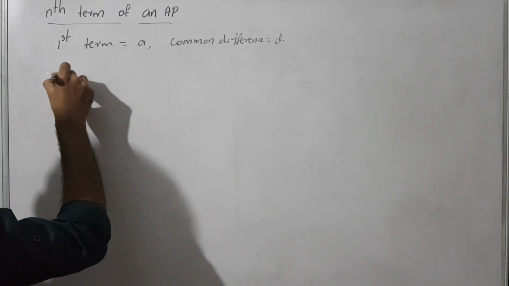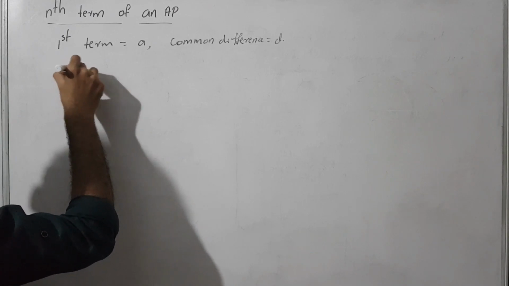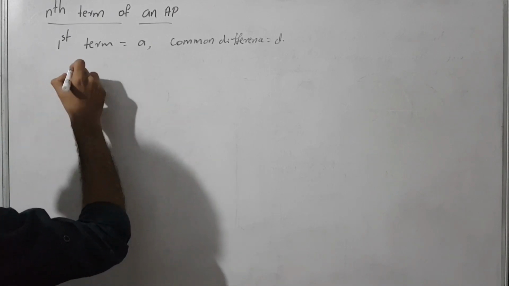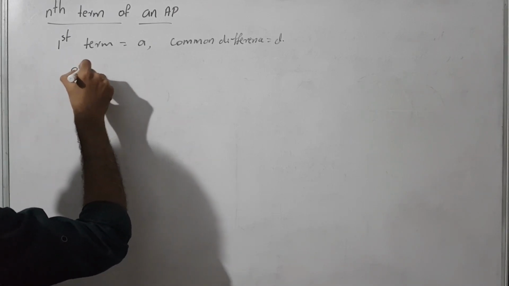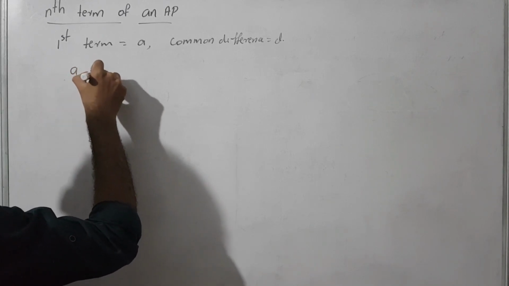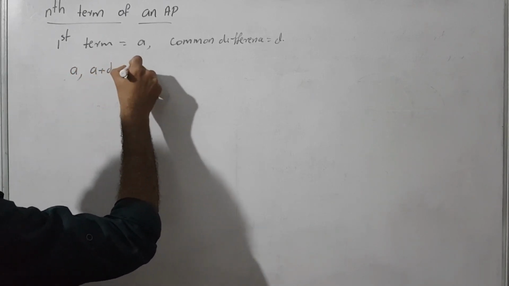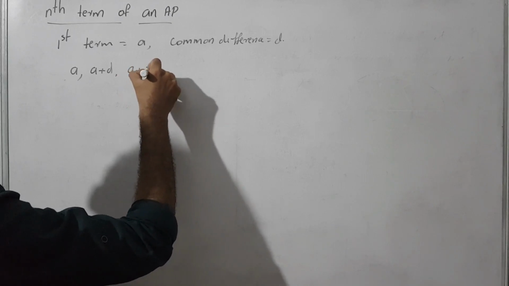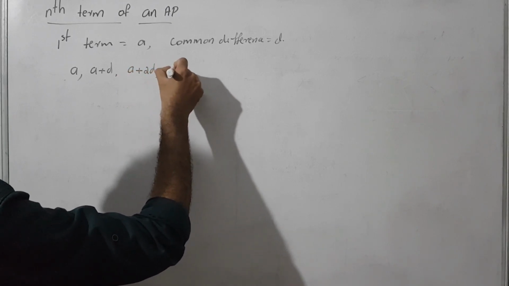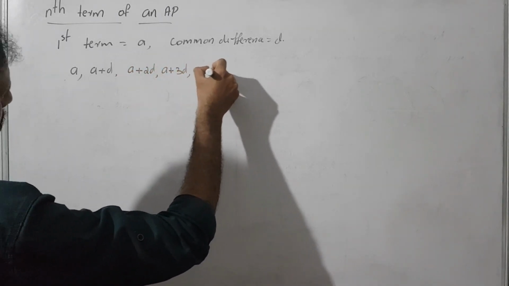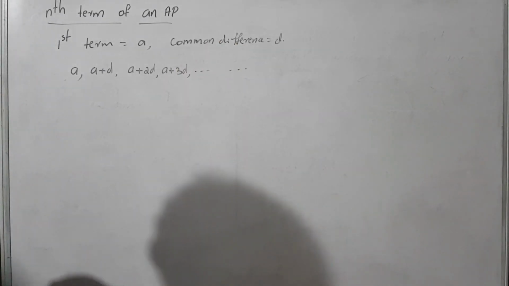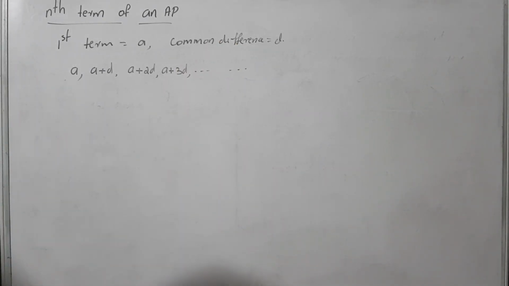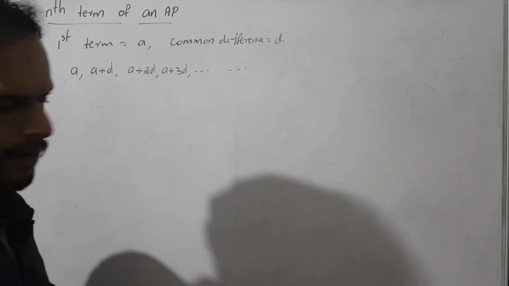The first term is equal to A, then the sequence is A, A plus D, A plus 2D, A plus 3D, etc.